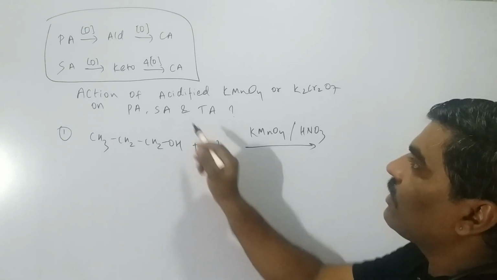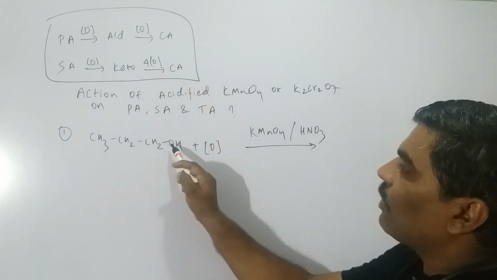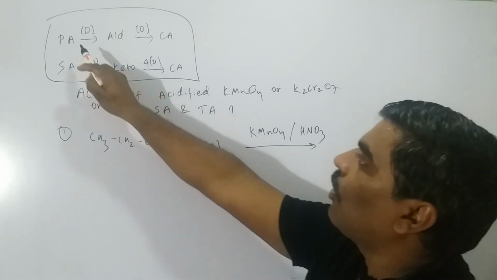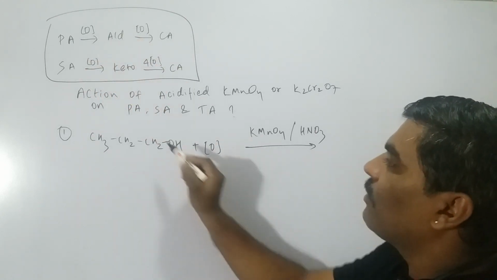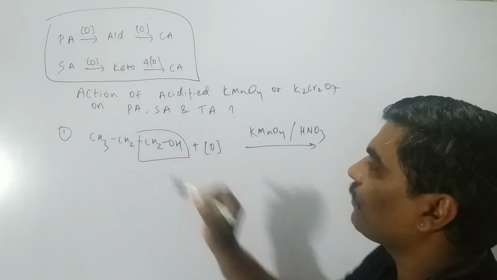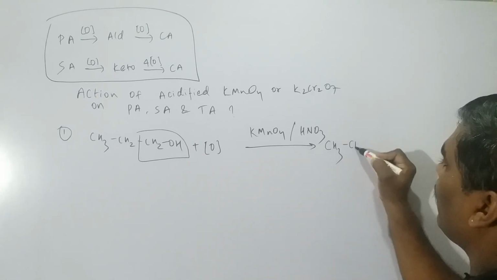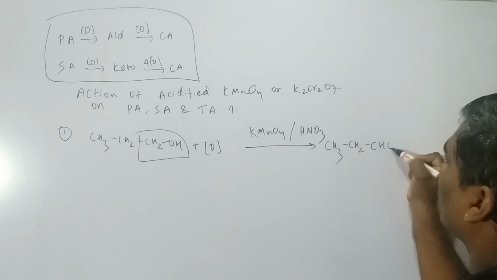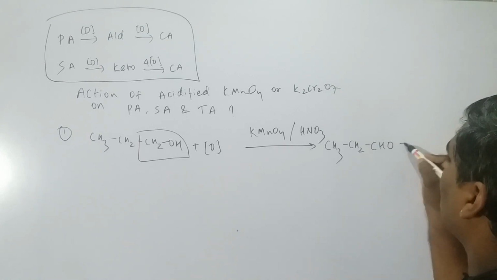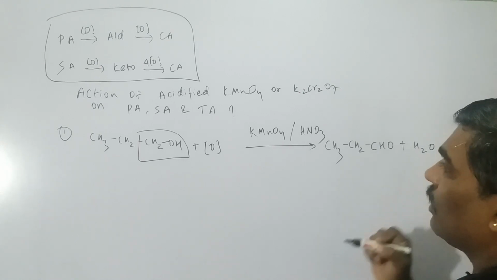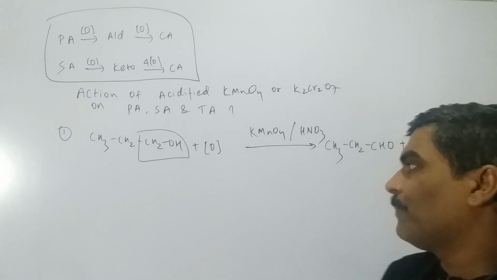As you can see in this table, primary alcohol on oxidation gives aldehyde, means this part here gets converted into aldehyde, and plus what comes out is water. How is this aldehyde formed?